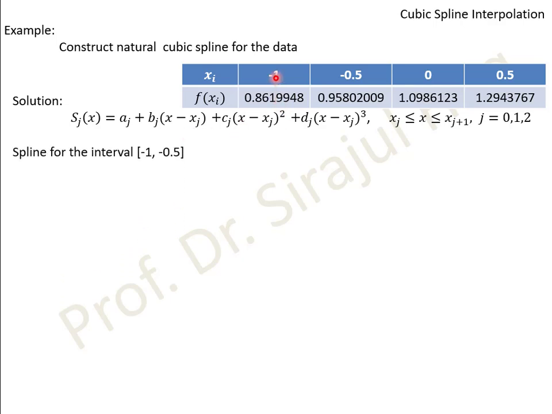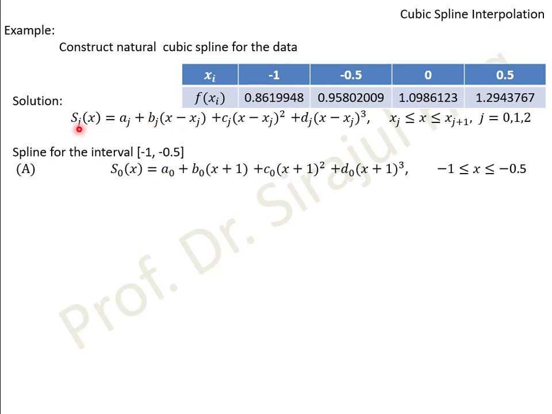For the first spline, which lies between the first 2 points, we represent it by S0, with j as 0 in the equation, and xj as minus 1. So minus and minus will become plus. That's the reason you can see plus here. x minus minus 1 will become x plus 1, and that's the square component, that's the cube component. This is the first spline defined between these 2 points.